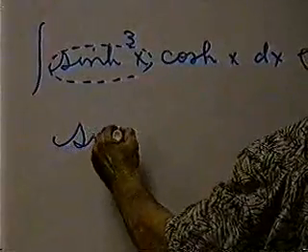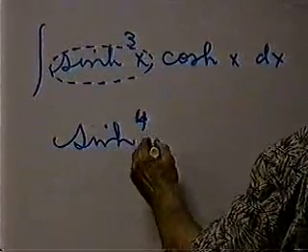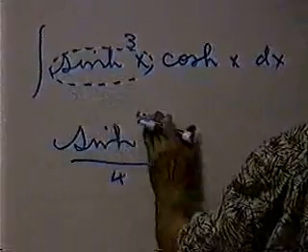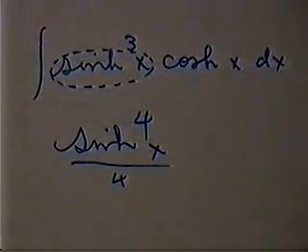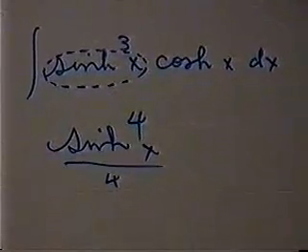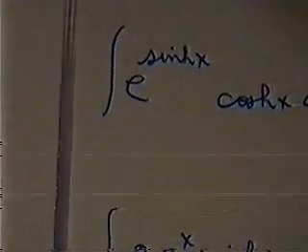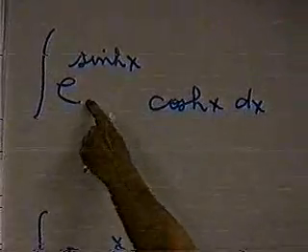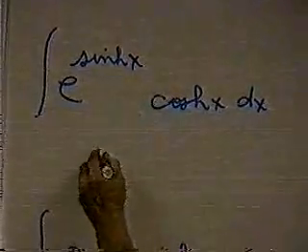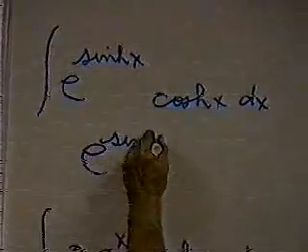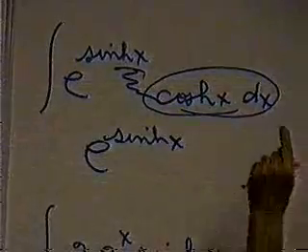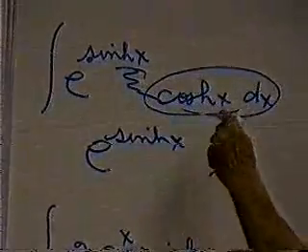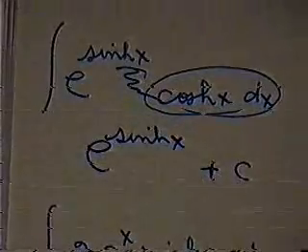Therefore it is the power rule. Next one. Right. The integration of e to some power is itself. If I have the derivative of the power, sure enough, there it is. The derivative of the power is there, therefore it's itself.